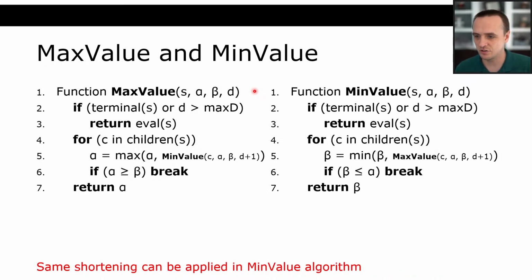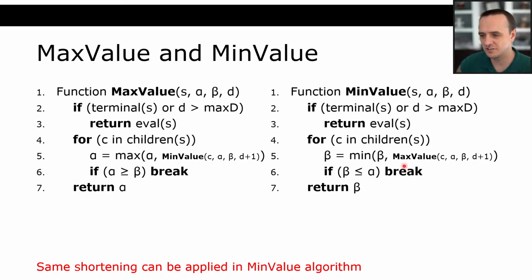Now, what we're going to do is apply the exact same logic to the MinValue algorithm. I didn't show it because I do literally the same thing, but to the MinValue algorithm, and where we were using alpha before, now we're using beta. That's it. If you do that, you get this. Look, this over here says if beta is less than or equal to alpha, break.